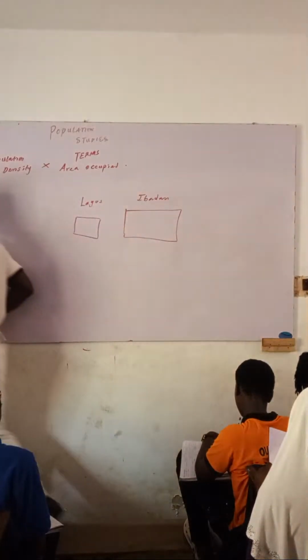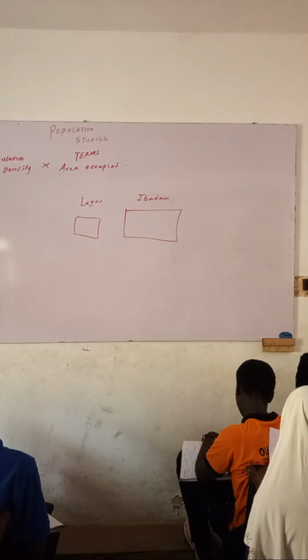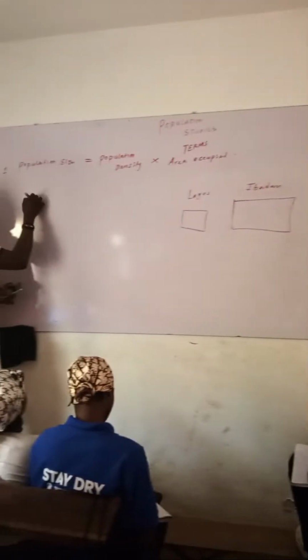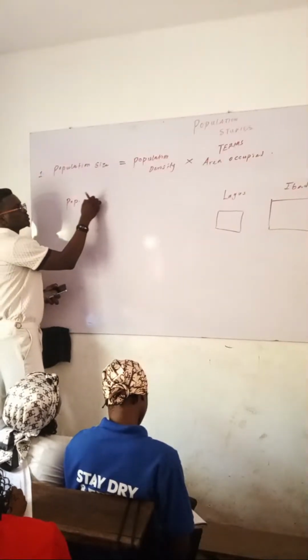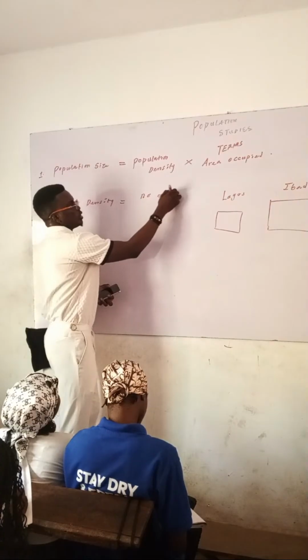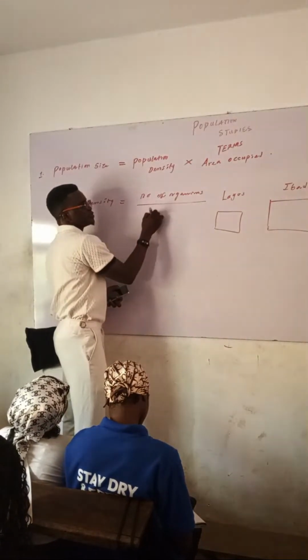So if you want to write population density, you just make it the subject of the formula. They can ask you to do some calculations here. Population density is equal to the number of organisms in a given area.